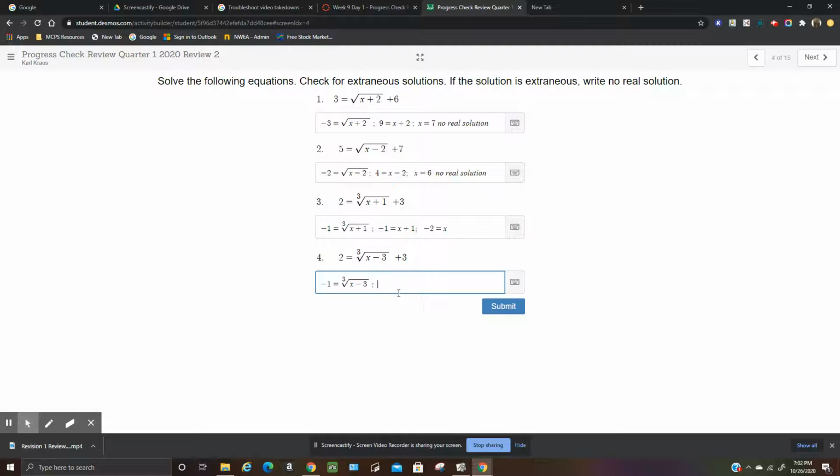And then cube both sides. -1 equal x minus 3. And add 3, x equal 2. And if I plug that back in, 2 minus 3 is -1. Cube root of -1 is -1, plus 3 is 2.